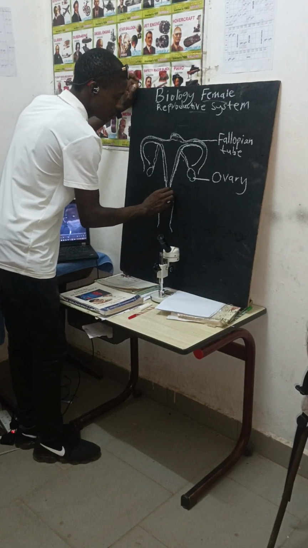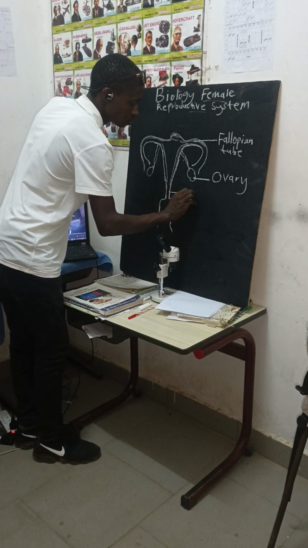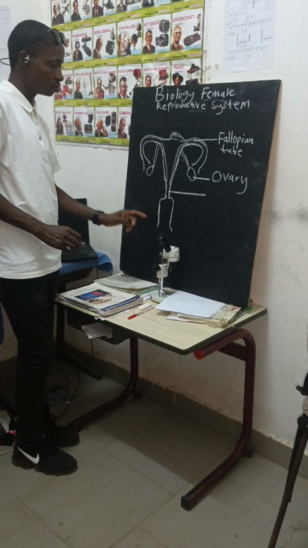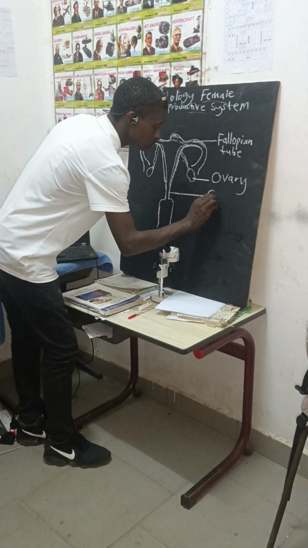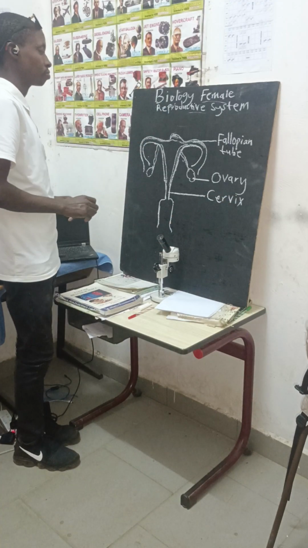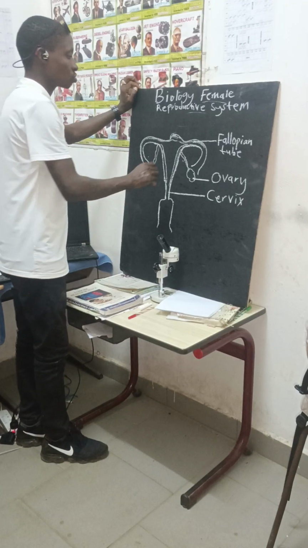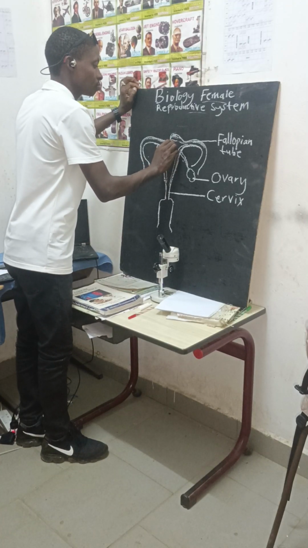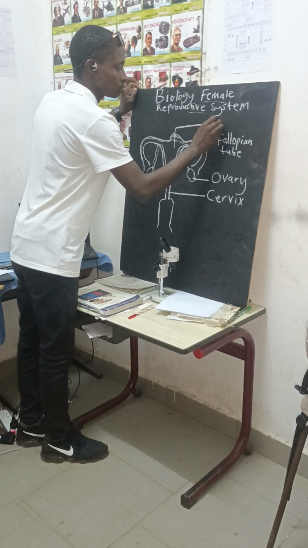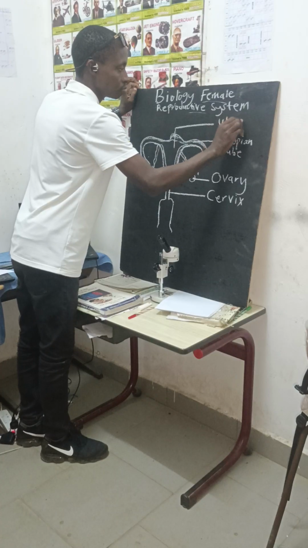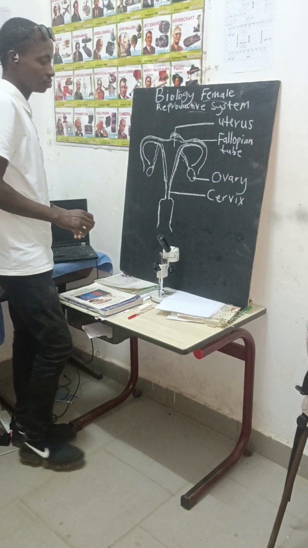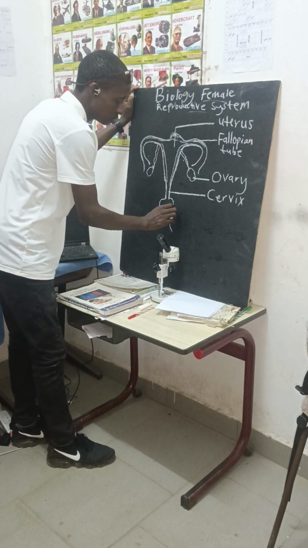We have the cervix. The cervix is the lower part of the uterus. We have the uterus cavity, uterus. We have the vagina.